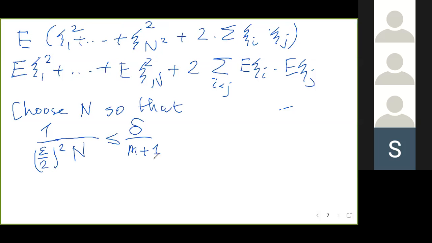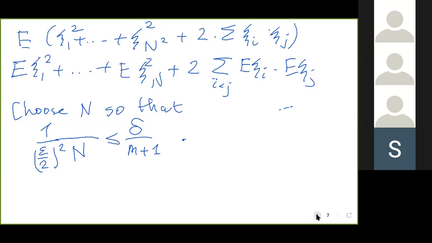And that is because we need to recover f's value not in 1 point, but in m plus 1 points. So for each point, we can tolerate a probability of error which is delta over m plus 1, so that the cumulative probability of error becomes delta. So we will choose n so that this inequality is true.